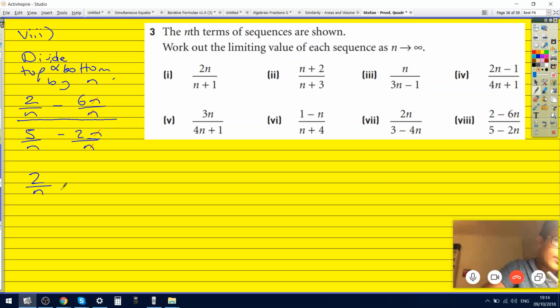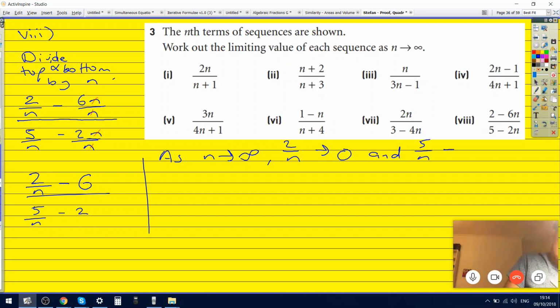So as n tends towards infinity, 2 over n tends towards 0. As n tends towards infinity, 5 over n tends towards 0.